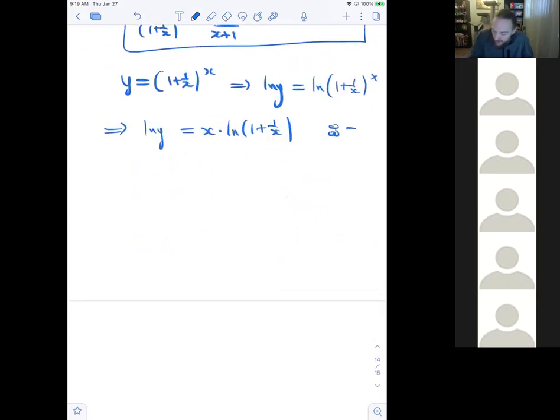Therefore, I want to take the limit as x approaches infinity of log y, which is equal to the limit as x approaches infinity of x times ln 1 plus 1 over x.